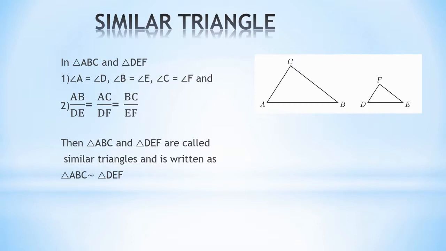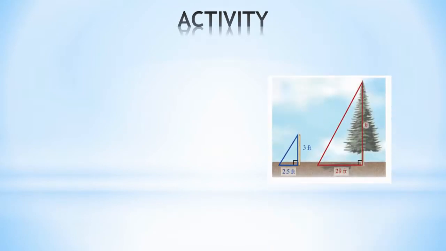For similar triangles, there are two conditions. Both the conditions should be satisfied for the triangles to be similar. Now, let us do one activity based on similar triangles. With the help of the similar triangle property, we are going to find out the height of this tree.